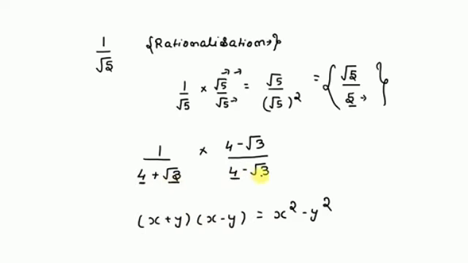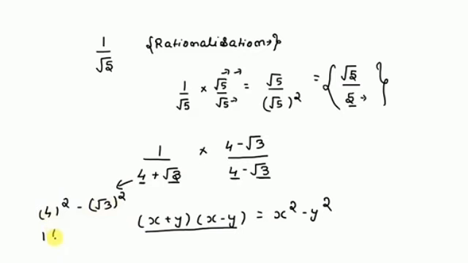If there is plus, you have to take minus. So 4 plus root 3 into 4 minus root 3 will be equal to 4 square minus root 3 whole square. x plus y into x minus y is equal to what? x square minus y square.